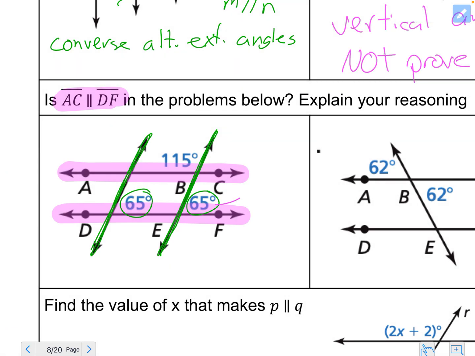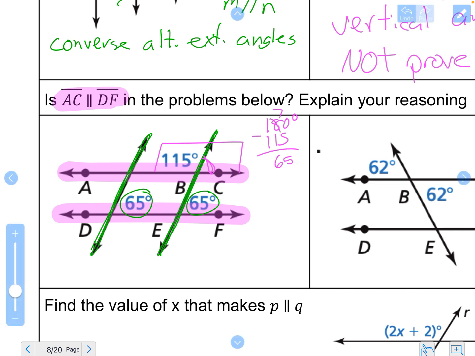I know that 65 is corresponding with this angle right here, but I don't know yet that that's 65 degrees. I've got to have some way to prove that. So I know that 115 is a linear pair with this angle here, and I know that they equal 180 degrees. Because they equal 180 degrees, we're going to subtract 115, which gets us 65.